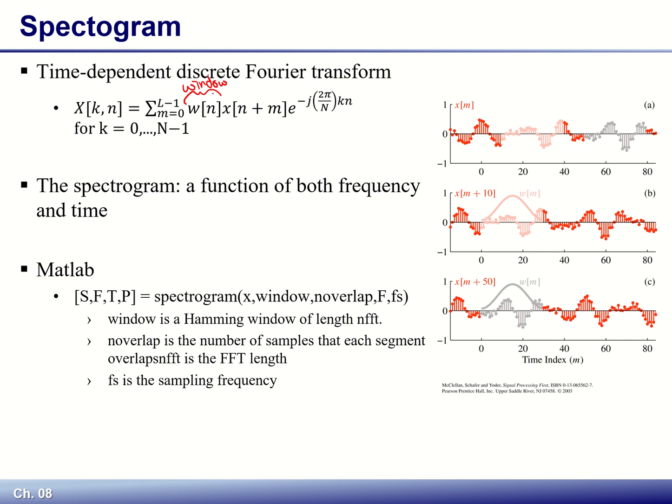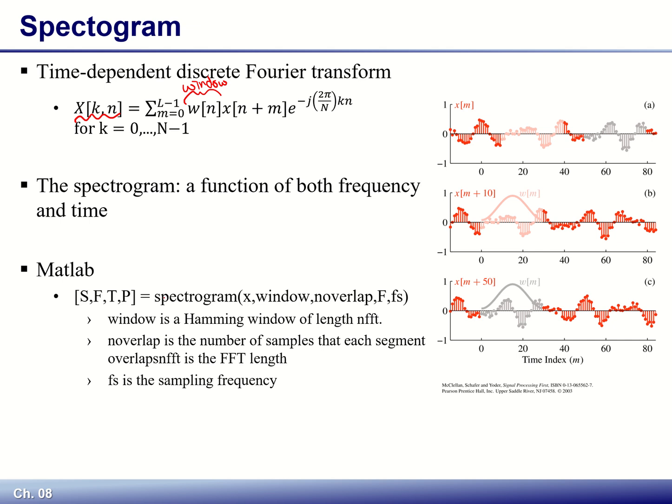And the window will change according to time, so it will be moved. We call it a sliding window. And the result from here we call a spectrogram. That includes information of frequency and time together.